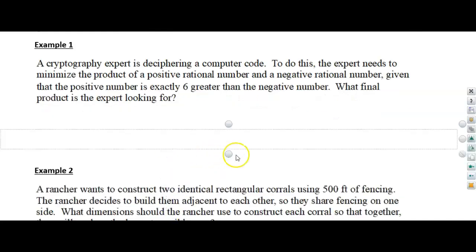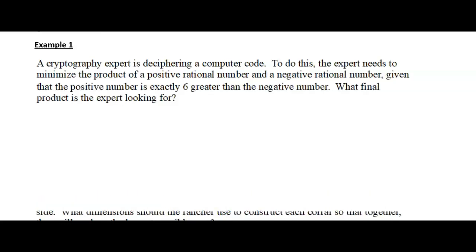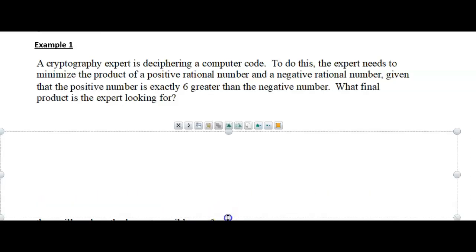It's the Cryptology Question. I like to start off with this one because it's one of the easier ones. So let's see how this works. Let's read it first. A cryptography expert, somebody who is an expert in making secret codes, is deciphering a computer code.